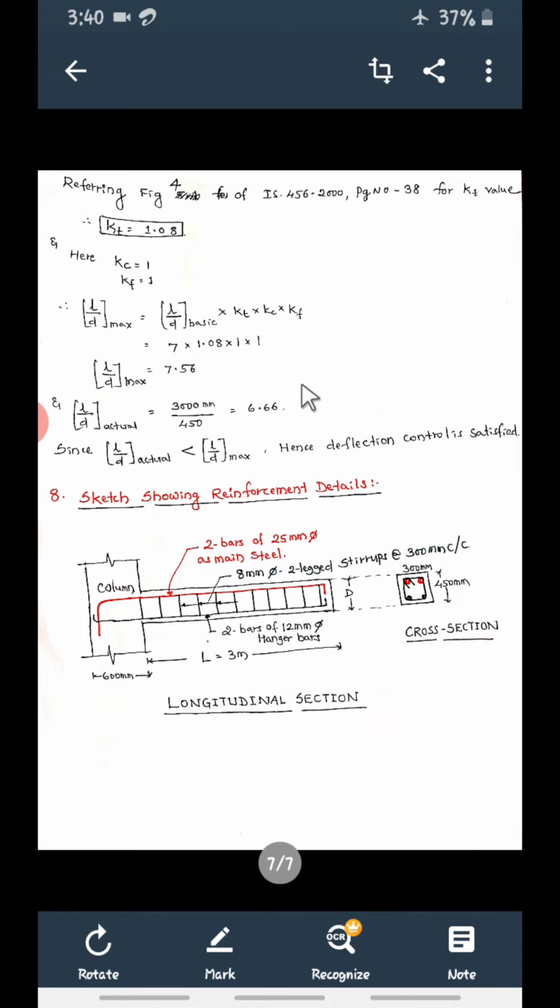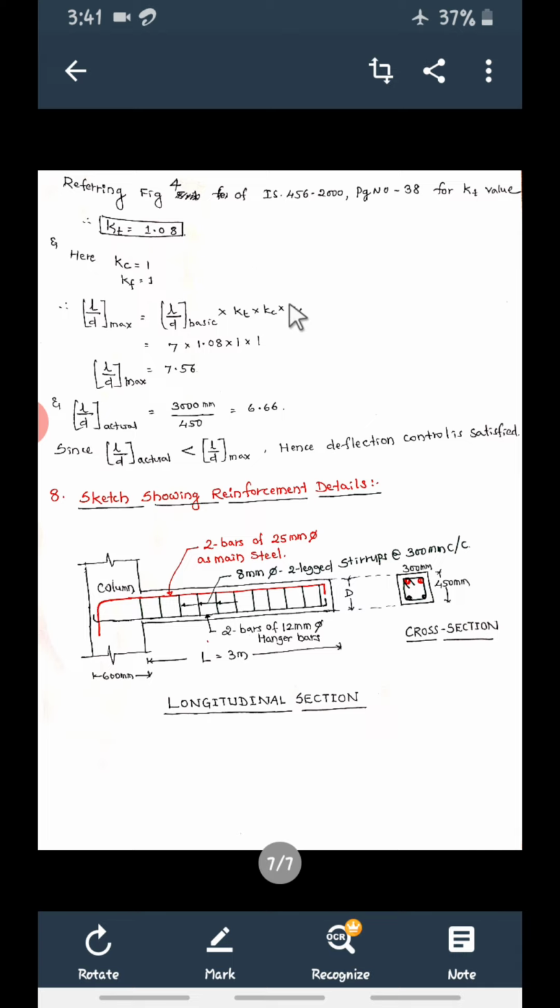Out of these 4, any one problem you will get in the examination, that is in module number 3, a full 20 marks design problem will be there. Either they will ask singly reinforced beam design, doubly reinforced beam design, T beam design, or cantilever beam design. Okay, so this is module number 3, design of beams.